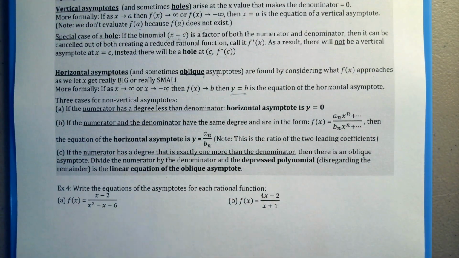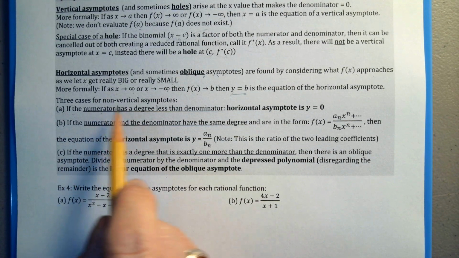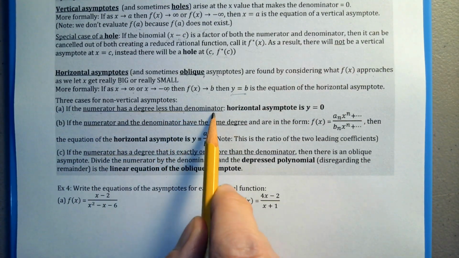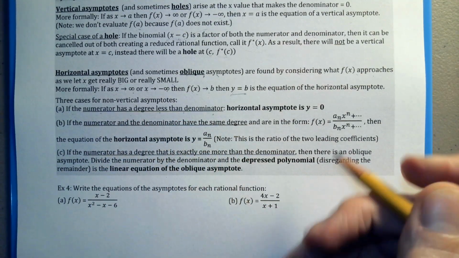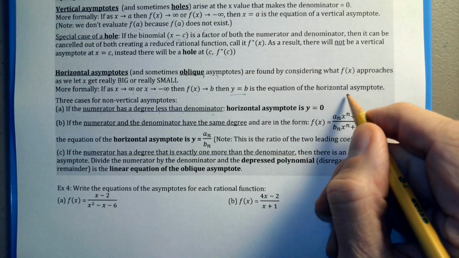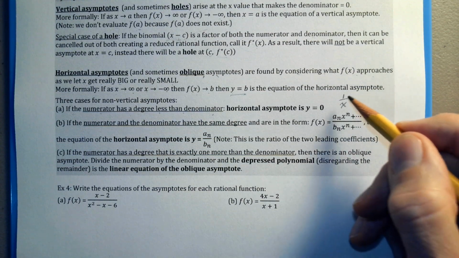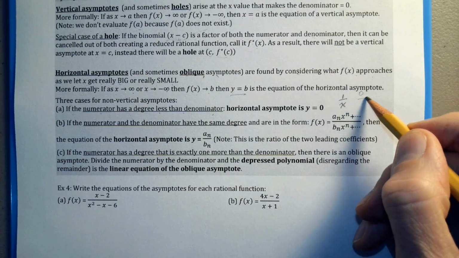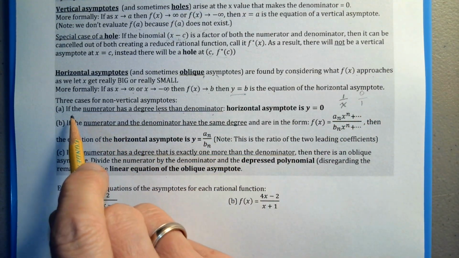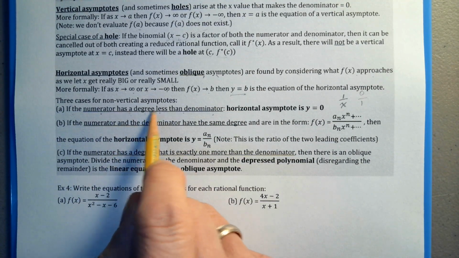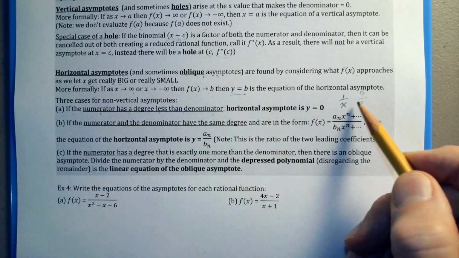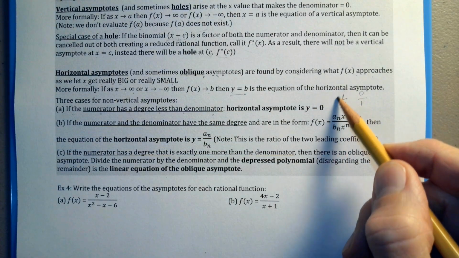So there's a couple of cases. One, if the numerator has a degree less than the denominator. For example, like what we saw before, 1 over x. The degree upstairs is 0, and the degree downstairs is 1. That was the very first example we did on the first page.